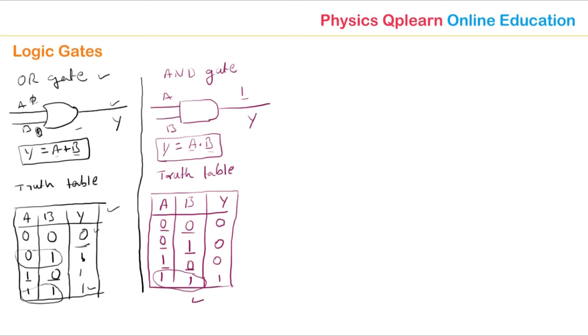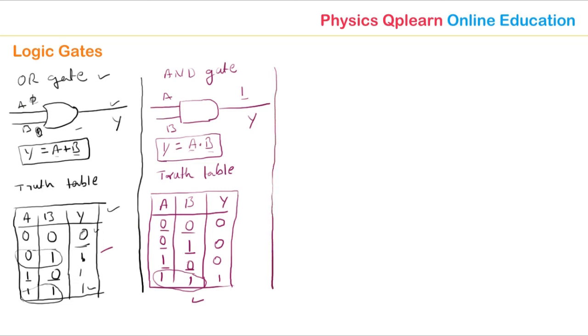It is not like that in the OR gate. So the AND gate is a logic circuit with two or more inputs and only one output, and its output is 1 when both inputs are 1. That is the second gate.